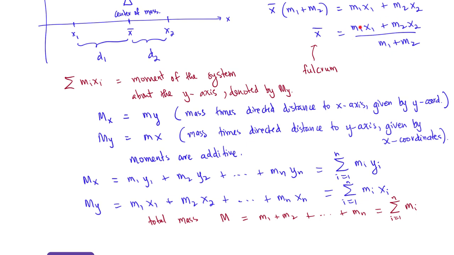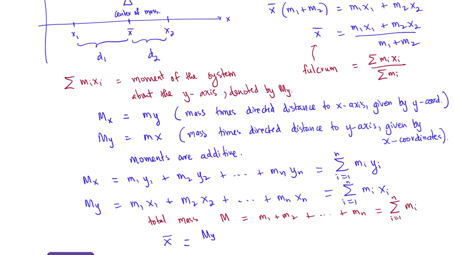Now earlier, to find x bar, we take the moment about the y-axis divided by the total mass. And so in two dimensions, we would do the same thing. x bar is going to be My divided by m.